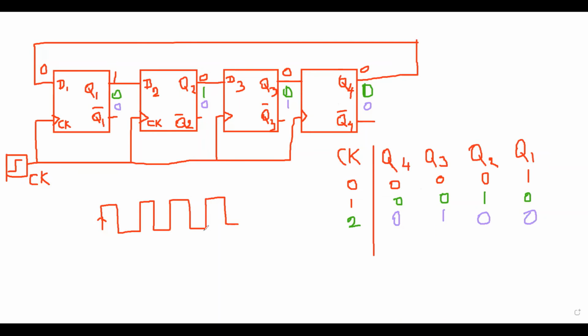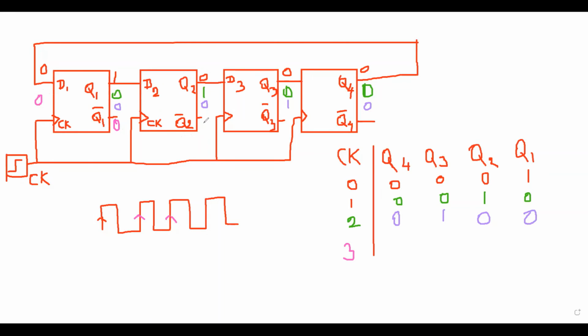And for the third clock pulse, this is the third clock pulse and this is the second clock pulse. For the third clock pulse, this 0 will come to the first input. So here also we have 0. Then this 0 will come to the output. So 0 is the output. Then this 0 is the input for the second D flip-flop.